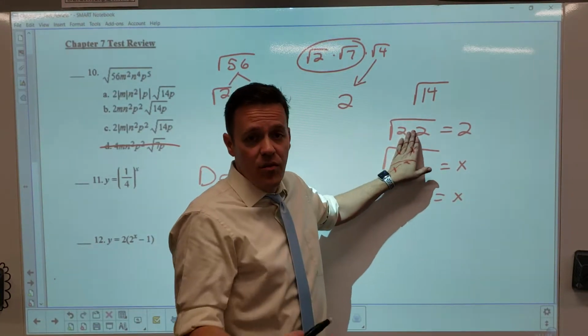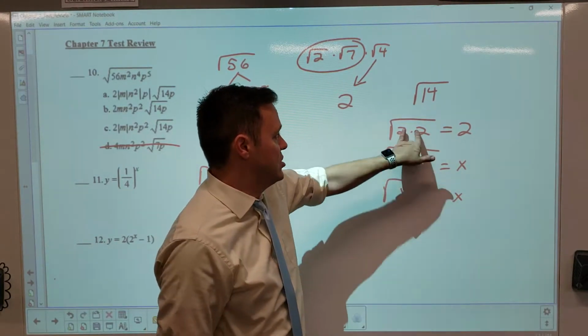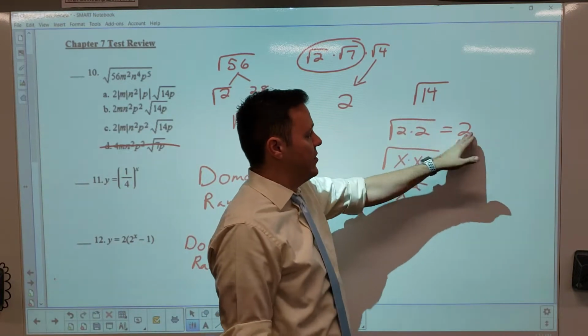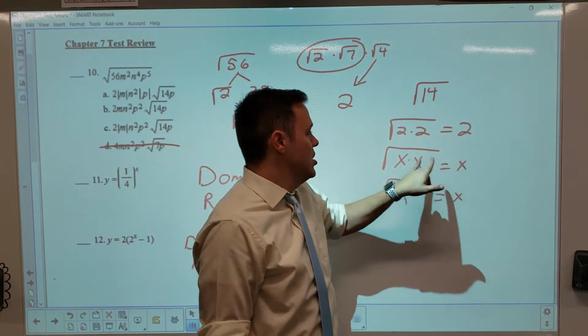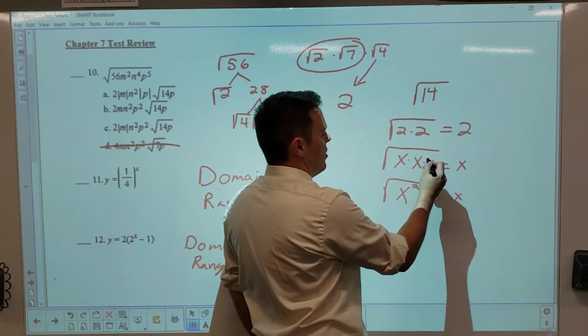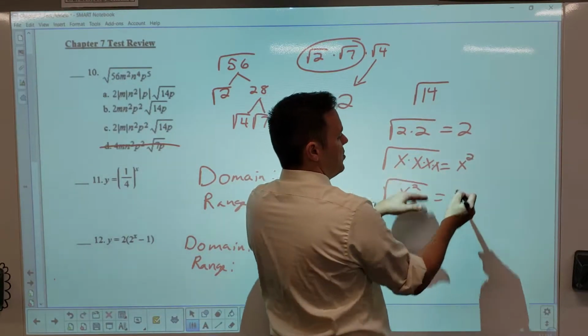Because 2 times 2 is 4, you guys will all recognize that the square root of 4 is 2, but why is it? It's because it's 2 numbers. When you separate them out into pieces, you're basically cutting them in half, and you have it come out as 2. So if you have 2 under here and it's an even number, it's going to be an x. Okay, if I had 4 of them under here, I'm going to pull out 1, and then I'm going to pull out another one, so I'll pull out 2.